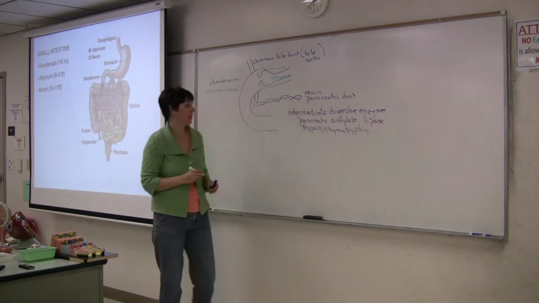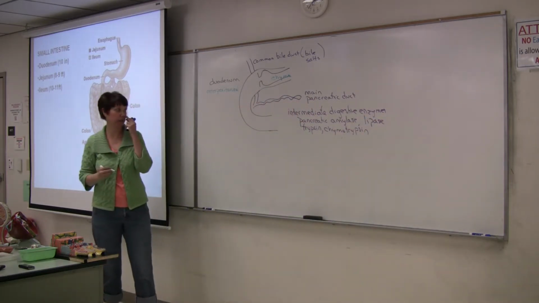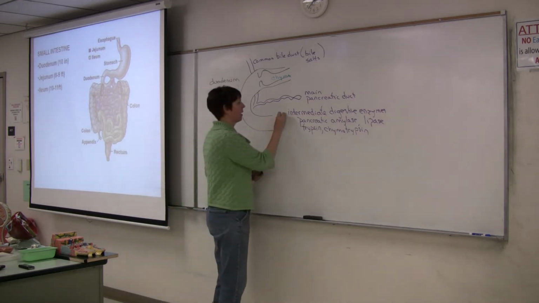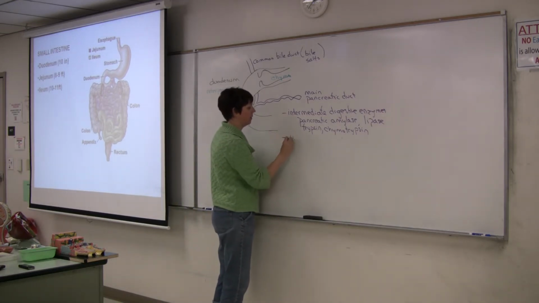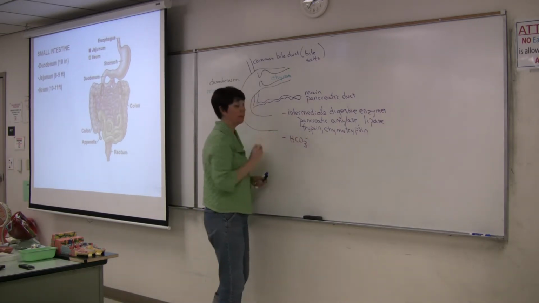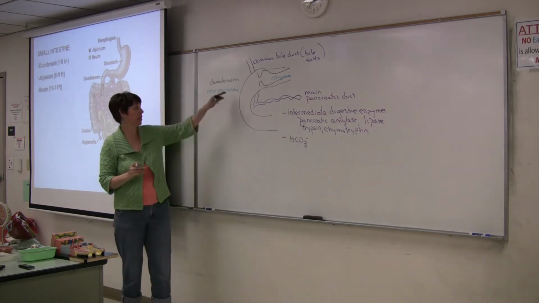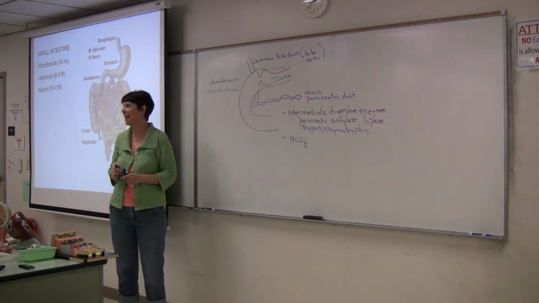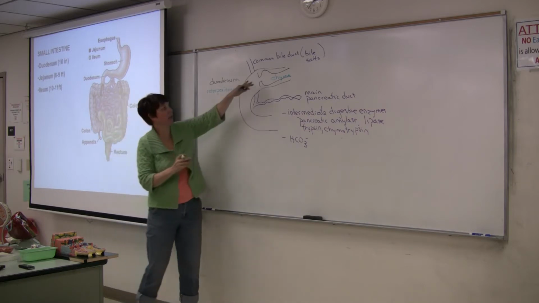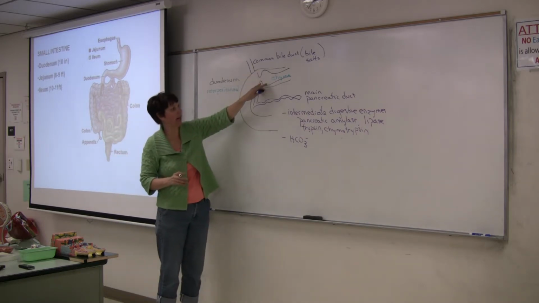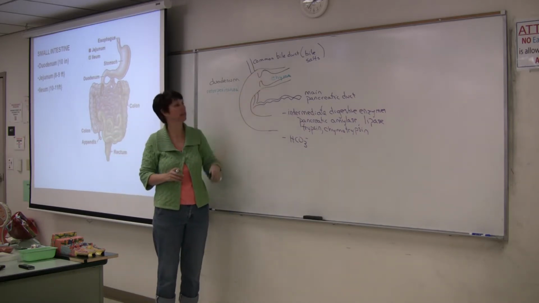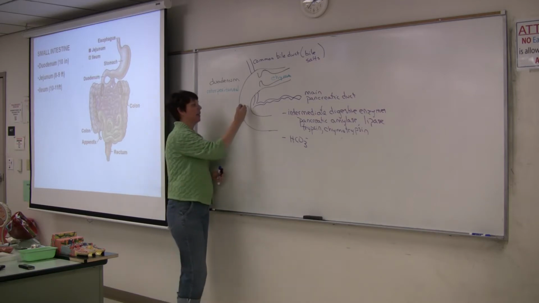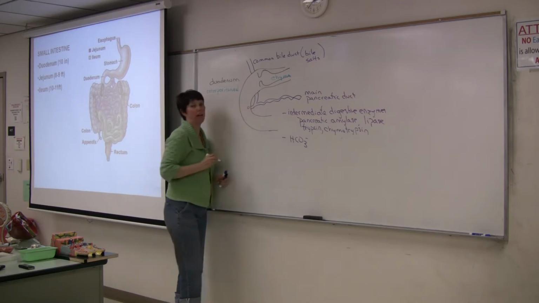All right, so these are made by exocrine cells of the pancreas, and also bicarbonate ions, because the duodenum works at a pH of 8 to 9. So these three components, bile salts, chyme, and pancreatic secretions, all enter into the duodenum.